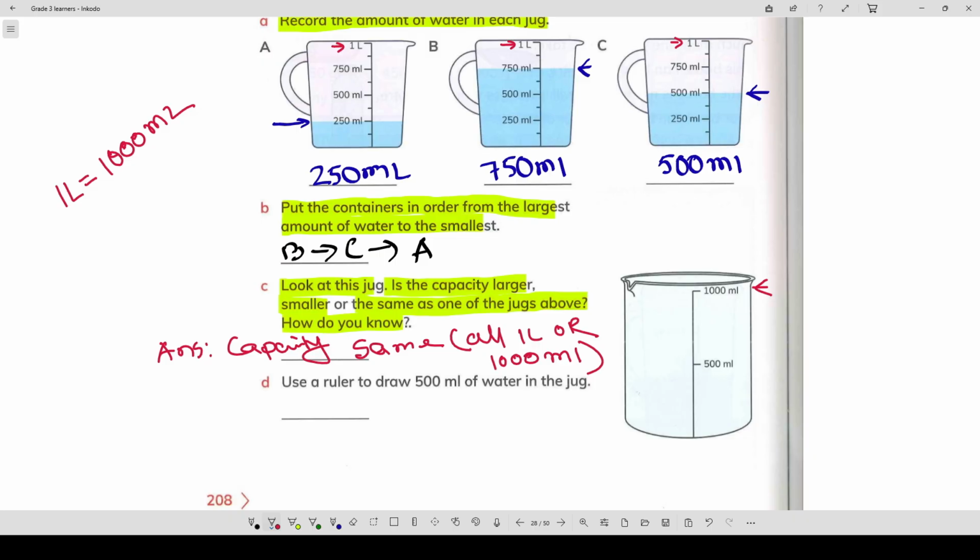Use a ruler to draw 500 ml of water in the jug. So how can we? This is the 500 ml. Now we can understand, from here to here, it's 500 ml. Now you can draw something like this.